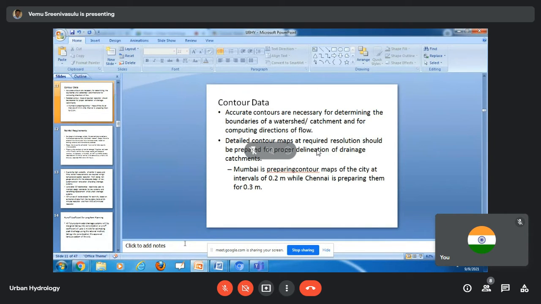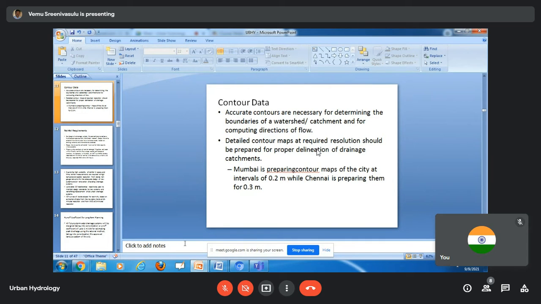So for a 5-year return period, 30 minutes duration, what is the intensity of the rainfall? So first you have to prepare the IDF curves for the study area, and then identify the storm. Okay, so that storm is the input to calculate the runoff.